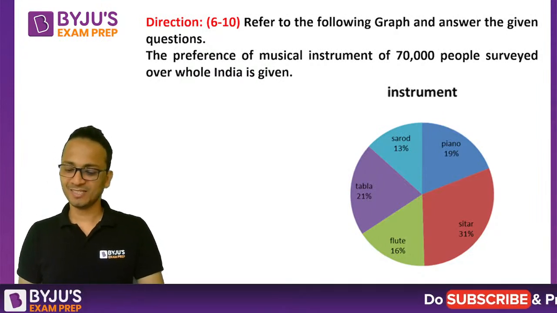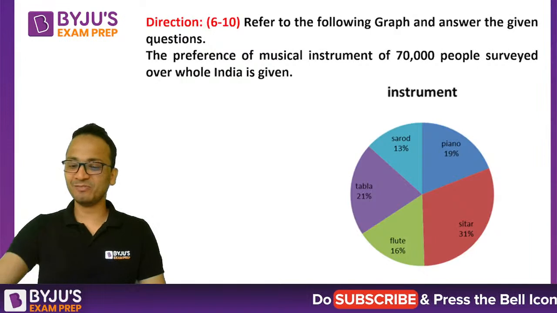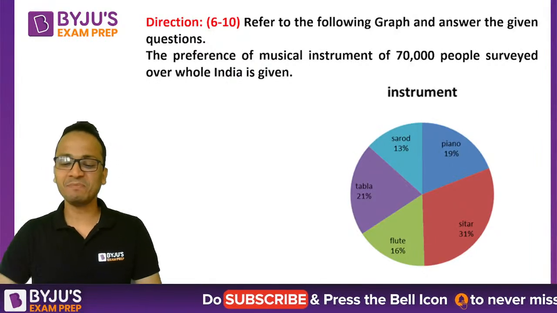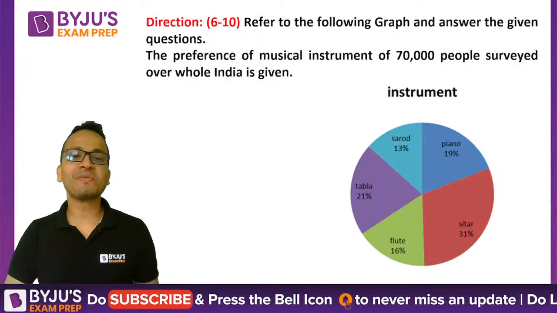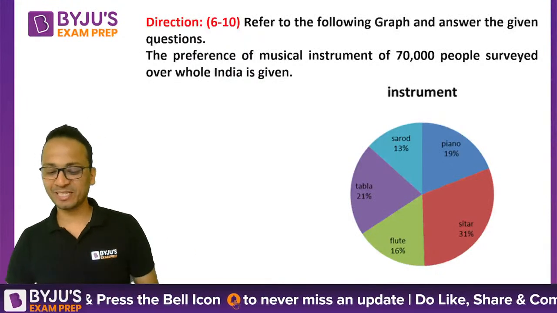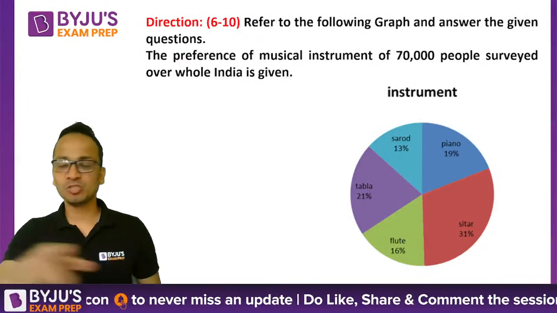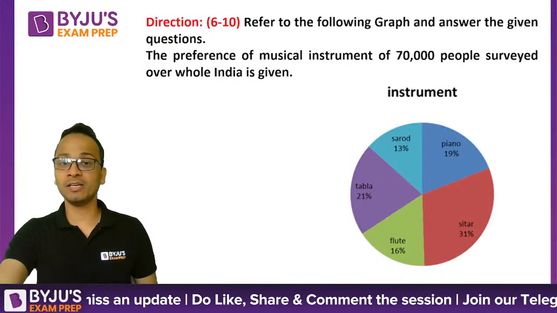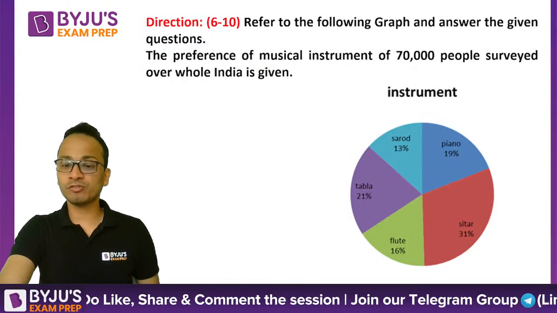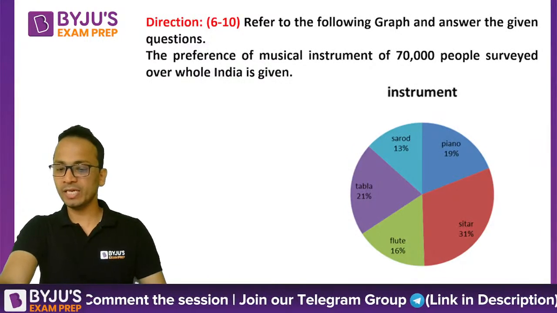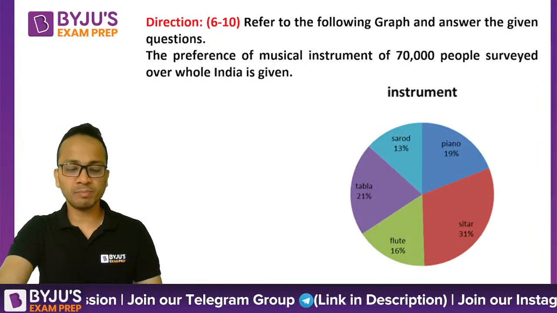Alright? Okay, Vishnu, ma'am gave the information about that, but there might be some other students who were not present in the previous session. For them, I will be giving the information. So this is the information about the preference of musical instruments given. Okay, now let's move on to question number 1.